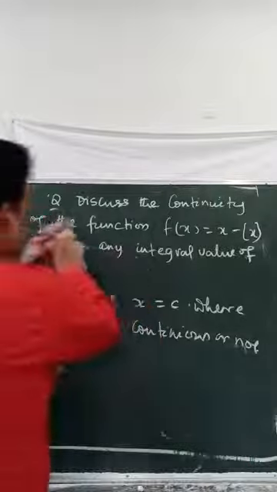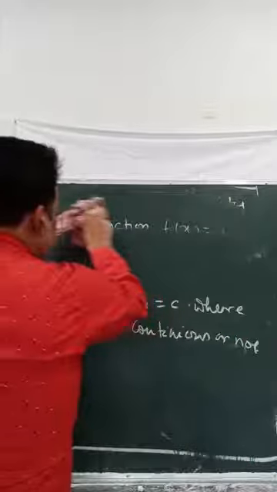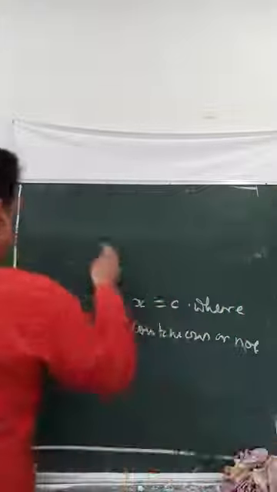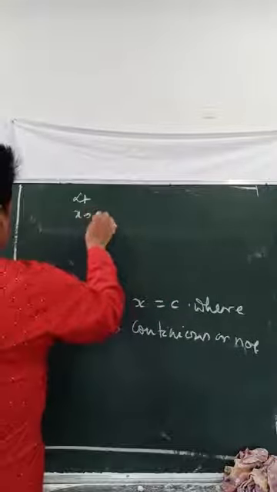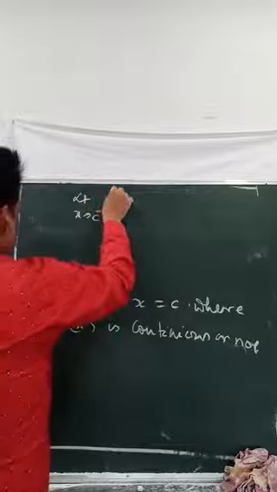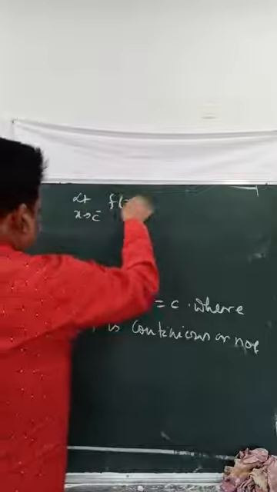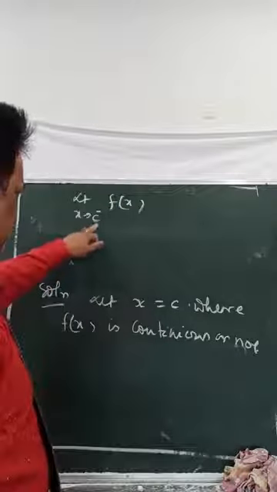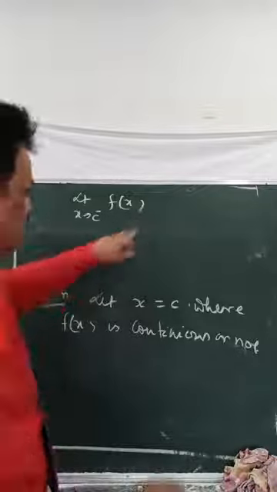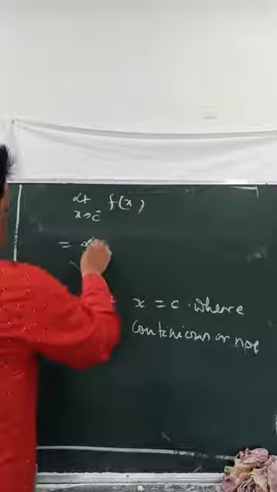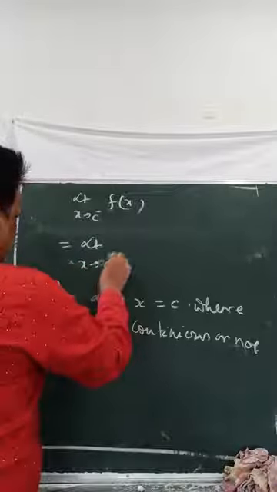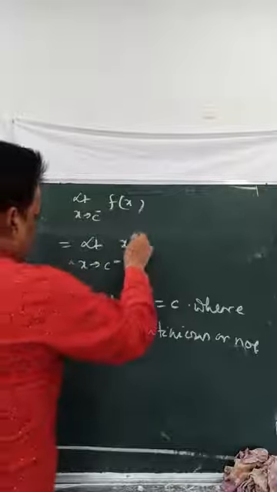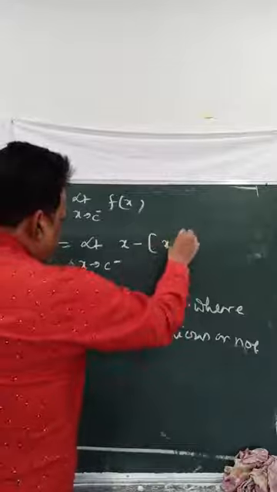So I will write here, what is my left hand limit? Limit x tends to c minus of f(x), that will be limit x tends to c minus, and the value is x minus box of x.